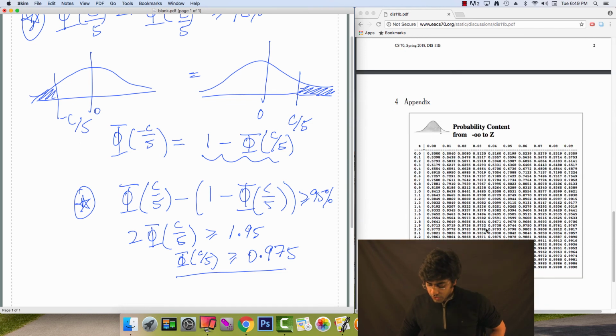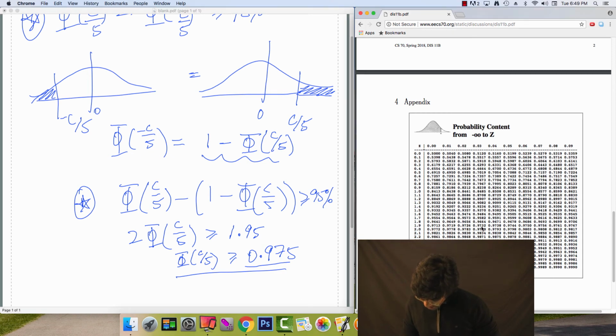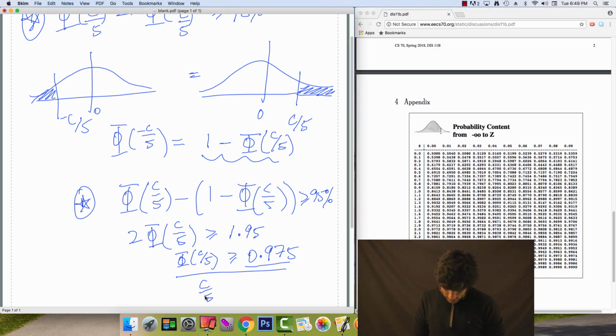Okay, now comes the actual problem of how do I solve this equation. Well, now we use what's called the standard normal distribution table, and I look for a number in here corresponding to 0.975. So I see that somewhere here, when I have c over 5 to be 1.96, the required probability is fulfilled.